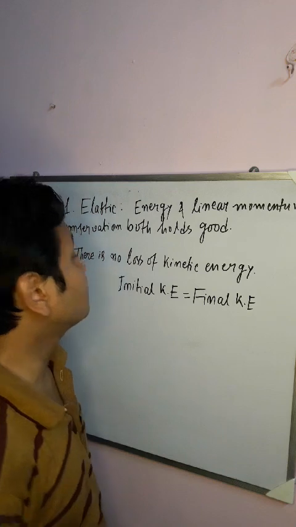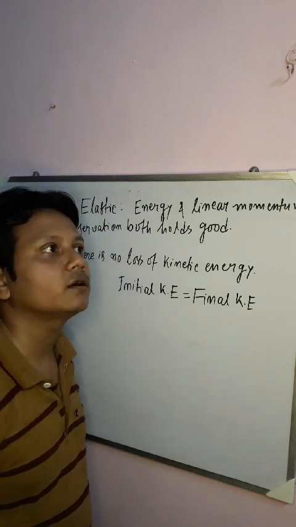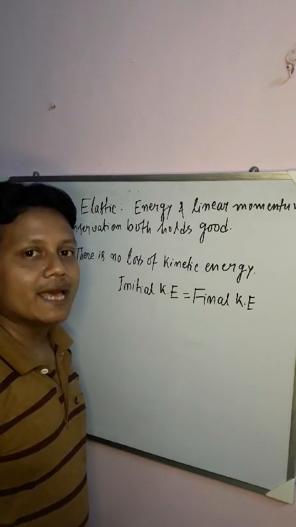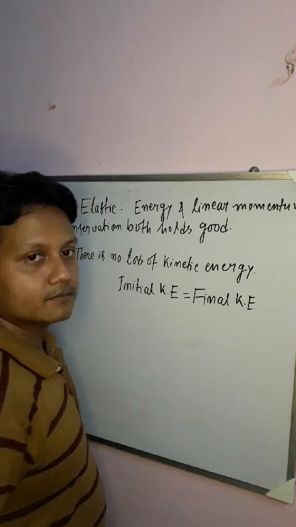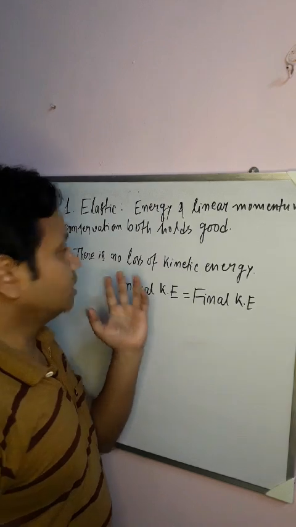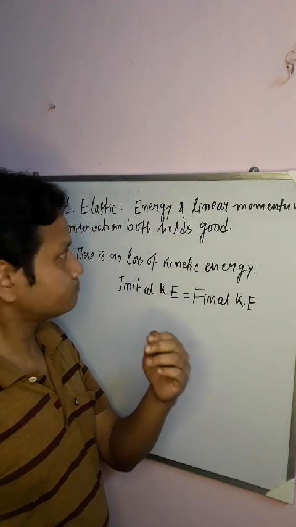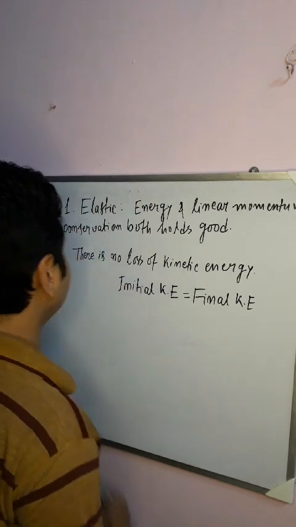Now what are the examples of elastic collision? You already know that while learning the kinetic theory of gases, we assume that the collisions between ideal gas molecules are elastic. That means when ideal gas molecules collide with each other, this collision is perfectly elastic.